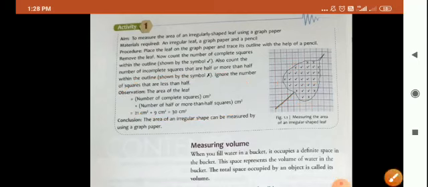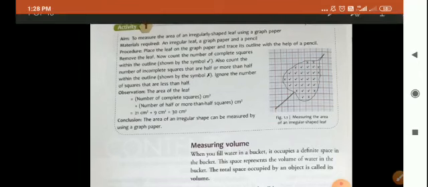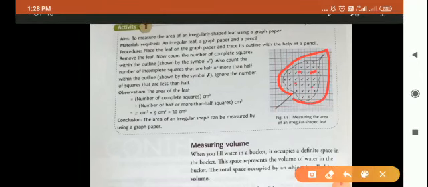You can see children in this diagram where the tick marks are given. These are your complete squares of the graph which are lying inside this irregularly shaped leaf. Yes or no? Plus what you have to count? You will count the number of complete squares and then the number of half or more than half squares.